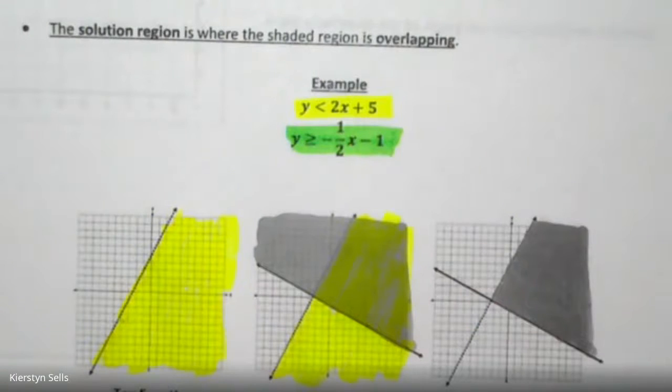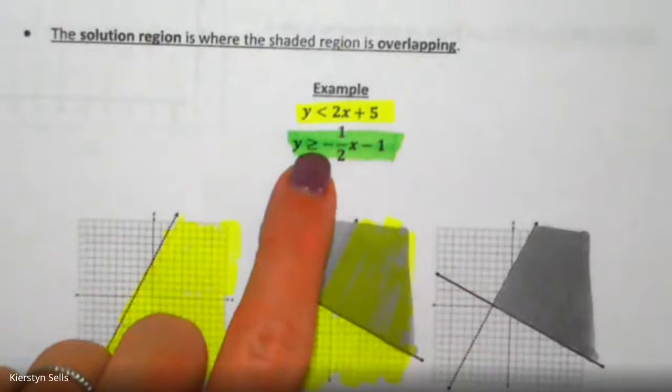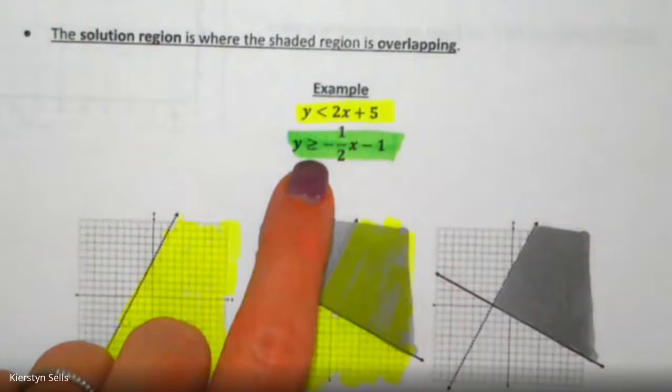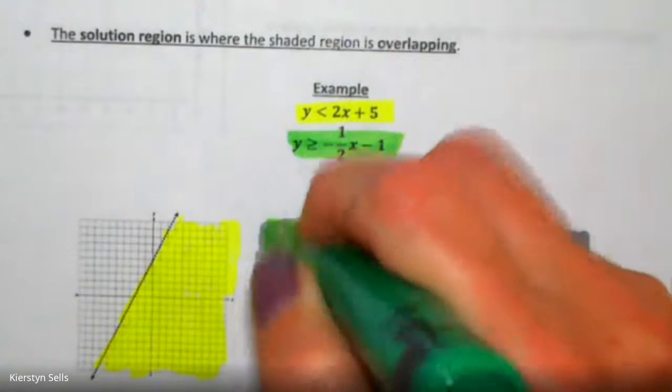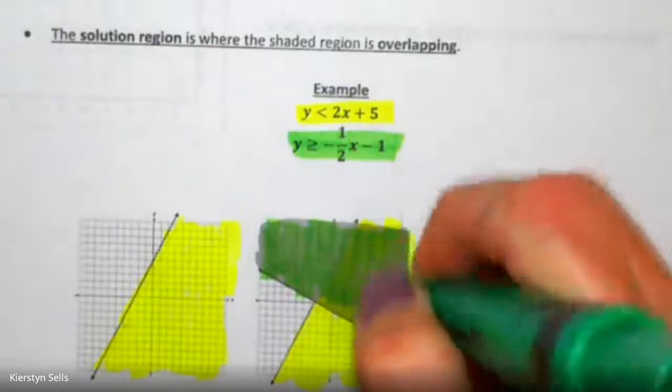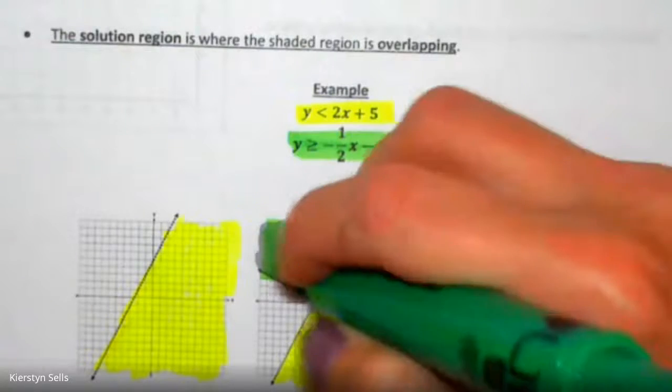Is the shading above or below? It's greater than, so it has to be above. Is that a solid line or a dashed line? Solid, so it should look like this. So all of this, and I kind of went over the line.